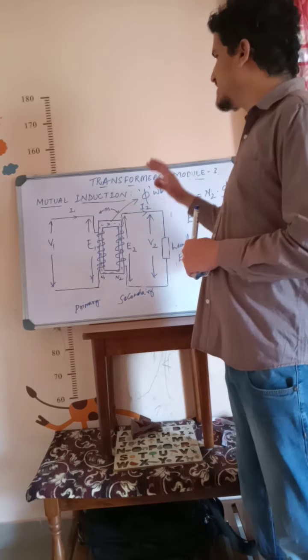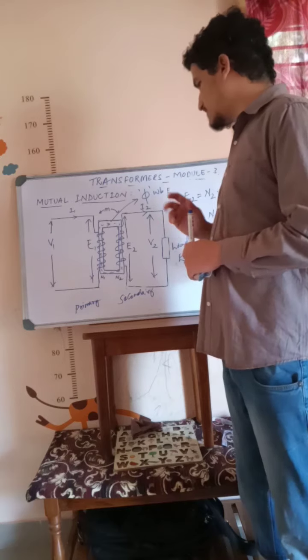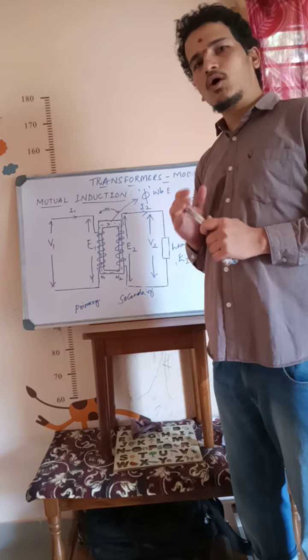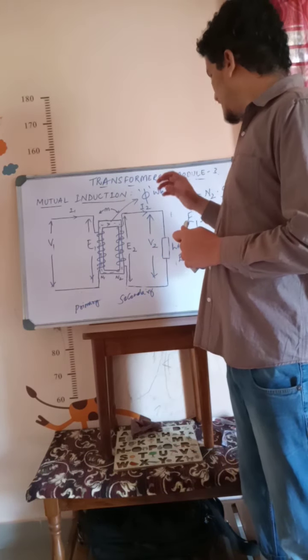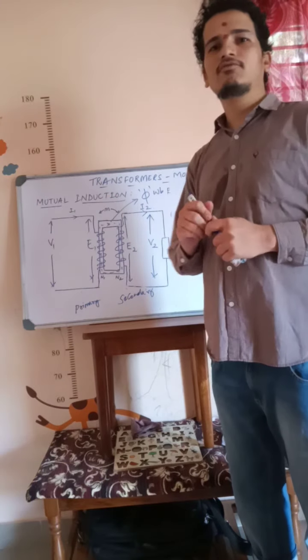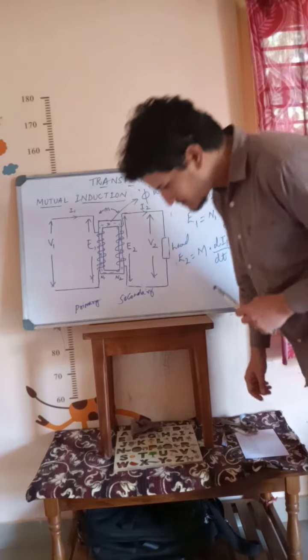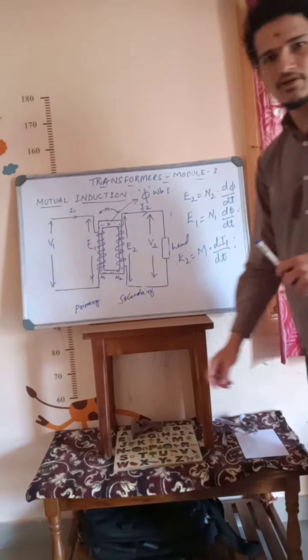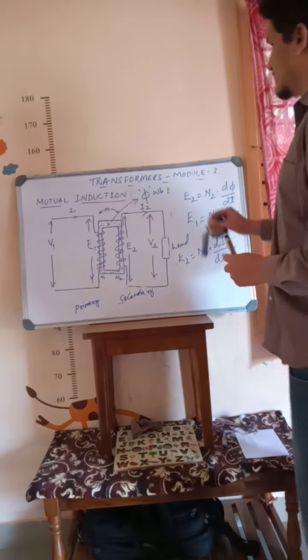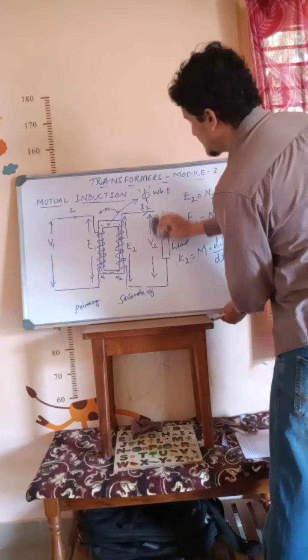So this is the basic principle behind the transformer. Hope you all understood in detail the principle of the transformer. Now we have this equation, E2, E1. Okay, now I will write it.